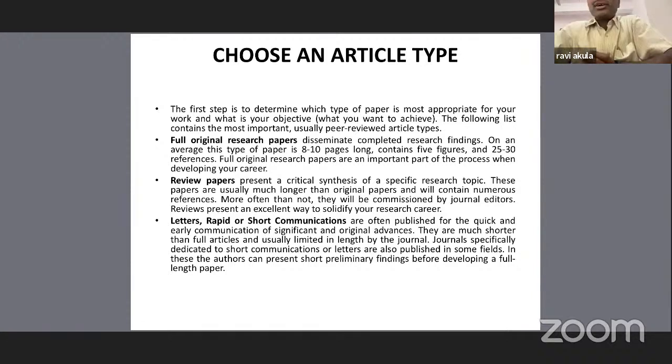So based on our interest, our status, our expertise, our time, our resources, one can decide which type of article is better to write. So you can choose full original research papers or review papers or letters or short communications to go for publication.